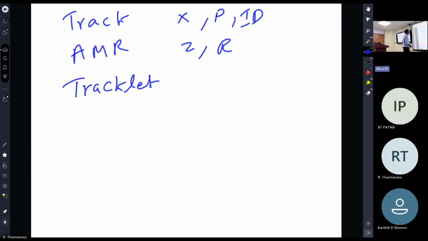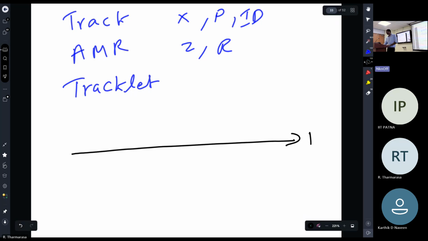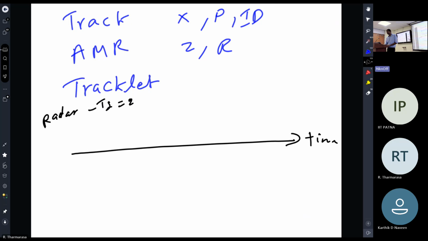I think the one thing that I didn't talk about earlier is time. So we have a radar. Sampling time is 2 seconds. And we are communicating that track. What is this gap? Anyone? 2 seconds.